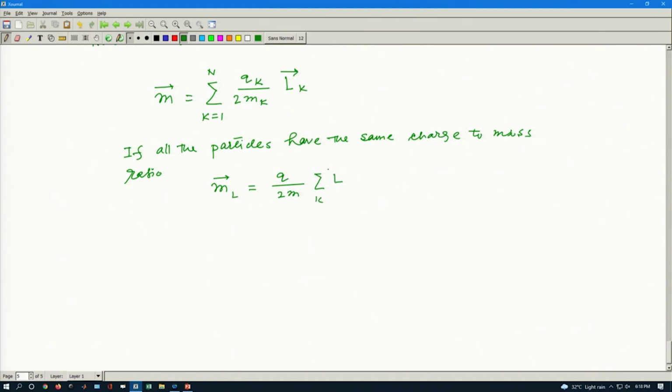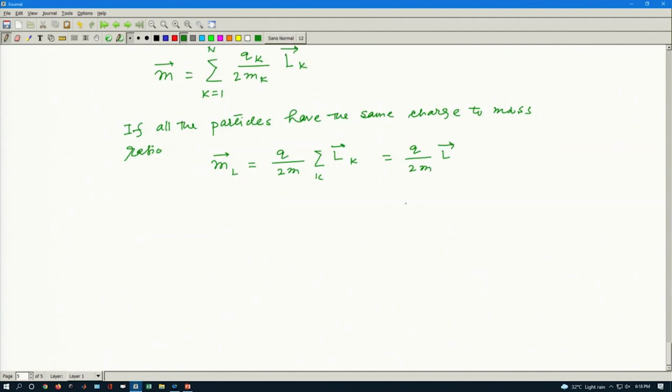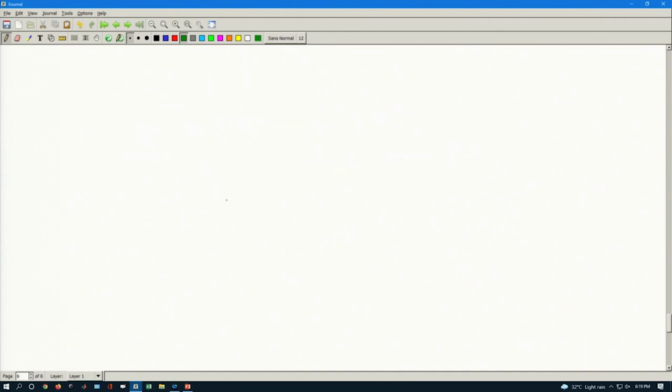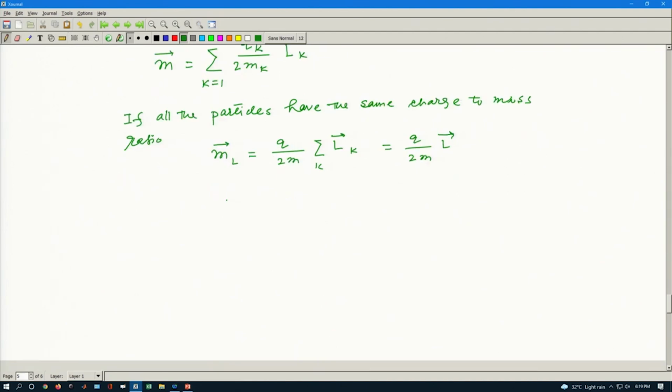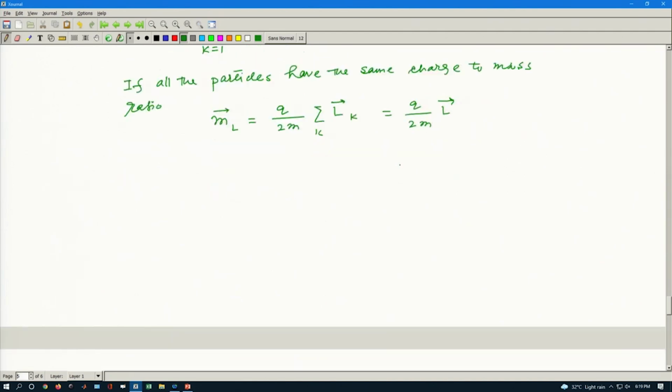I can take this q by m outside this integral, and then it should be simply q by 2m times the angular momentum L. So this is the relationship of the magnetic moment with the angular momentum.